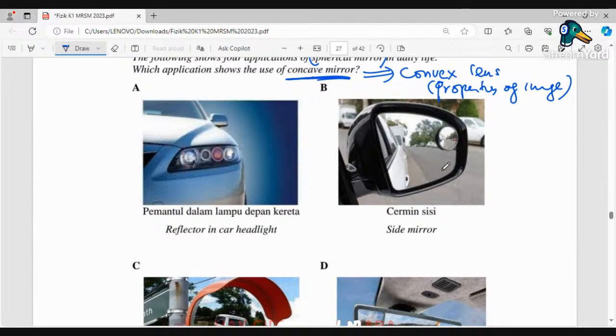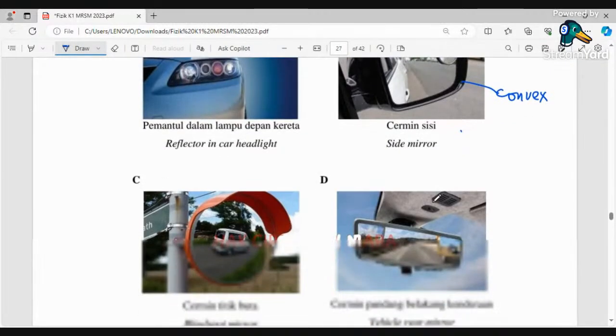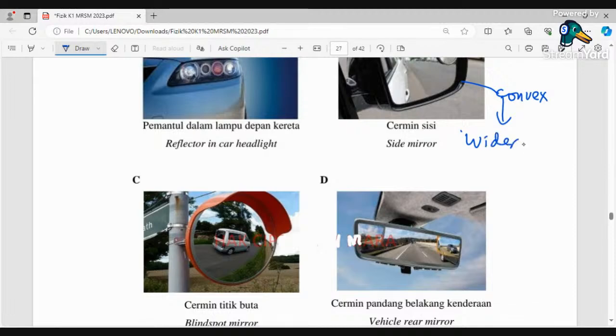Okay, kalau wider field of vision, dia mesti pakai convex. Okay, yang ni convex. Okay, sebab dia nak wider field of vision. Okay, baru dia boleh nampak kawasan tu dengan jelas apa yang berlaku.